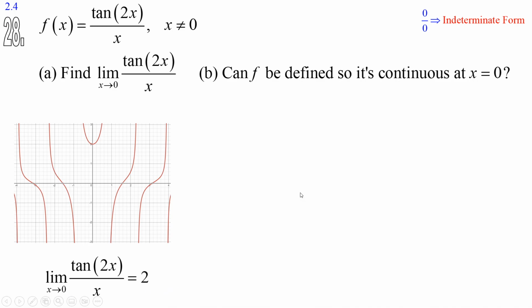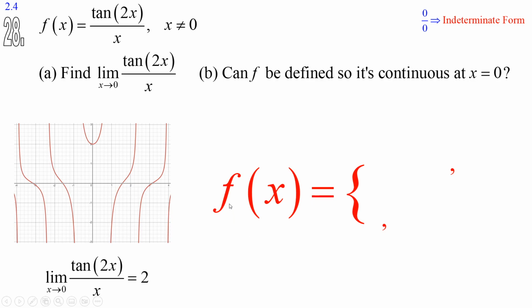Now, can f be defined so it's continuous at x equals 0? Well, you know there's a hole there, right? Because of that divisor right there. So we're just going to do a compound equation. When x is approaching 0, we're going to define that as a 2.